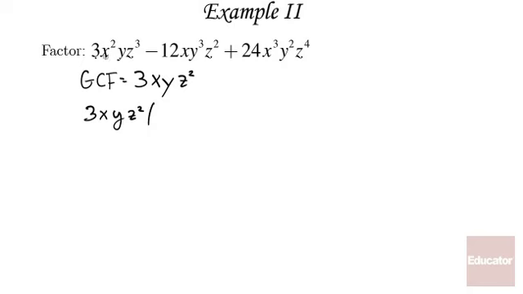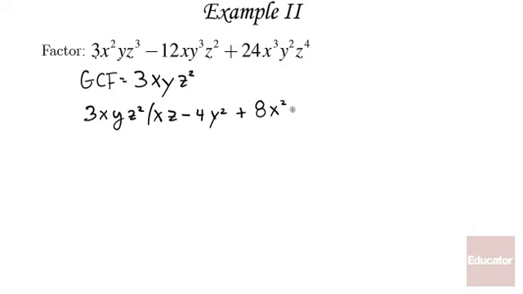For my first term, the 3's gone. I'm left with an x. The y's gone, and the z squared's gone. So that leaves me just xz. Here I have a negative sign. I pulled a 3 out, leaving behind a 4. The x is gone. 1y is gone, so I have y squared. Z squared is gone. Here I pulled out the factor of 3. That leaves behind 8. 1x is gone.